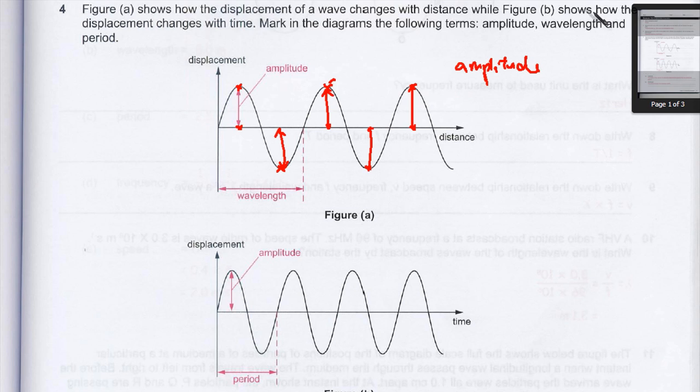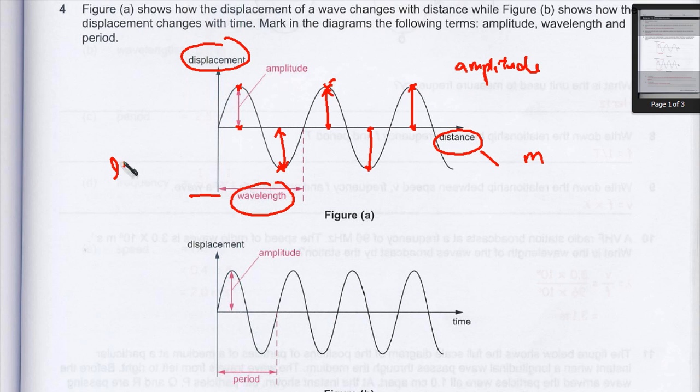Now wavelength. For the first graph, most of you can get the wavelength, but take note of this. Wavelength can only be found in a displacement-distance graph. What is the SI unit for distance? It is meters. What is the SI unit for wavelength?